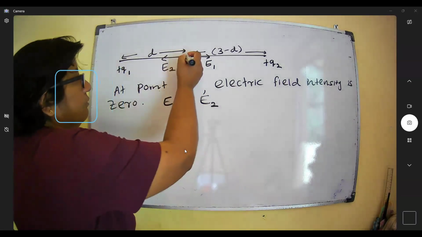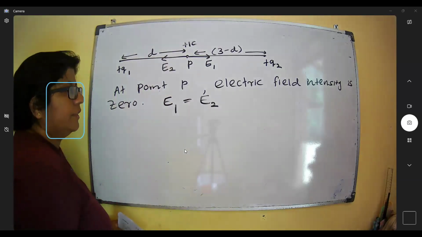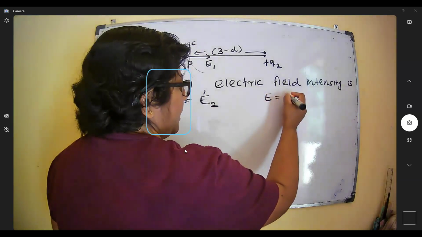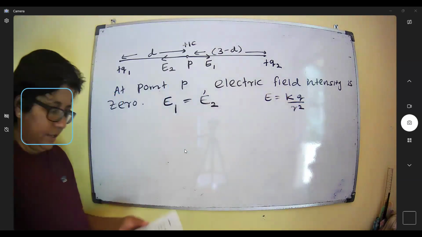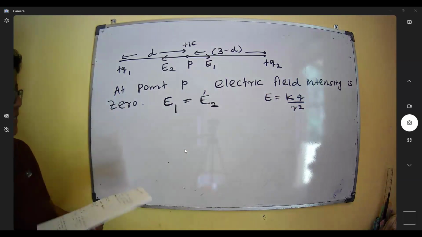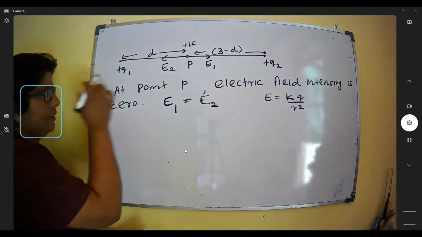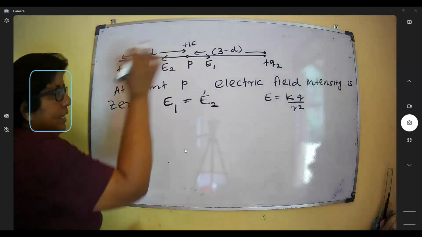We are putting 1 Coulomb point charge at the point. Then electric field can define E is equal KQ over R squared, where R is the distance between two charges. So E1 and E2 should be equal. Then we can write the equation: due to the Q1, electric field is E1.